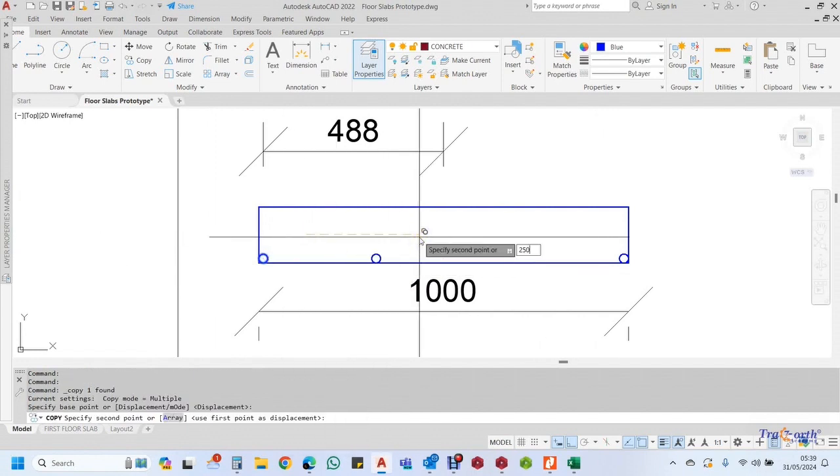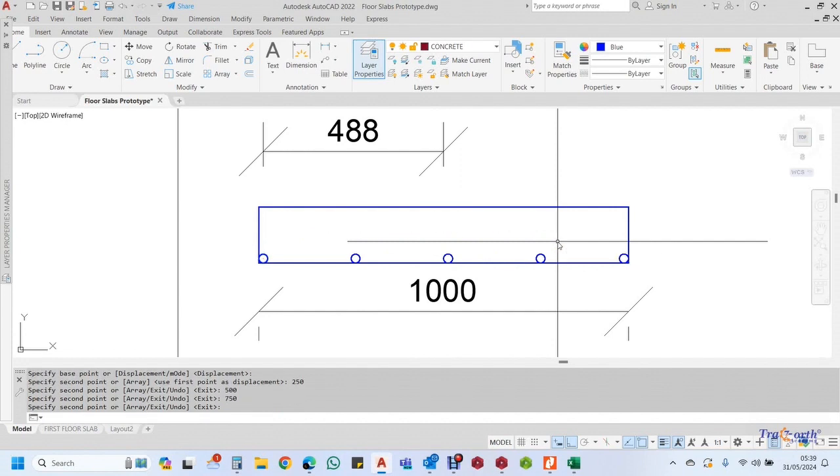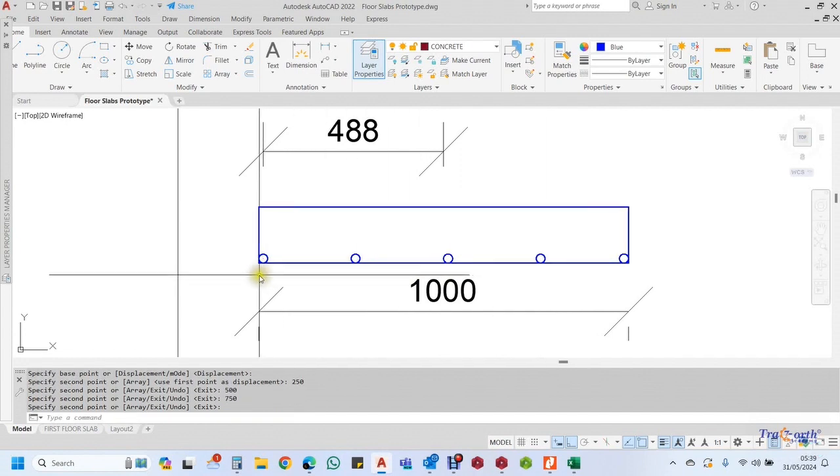So I'll come 250. The next is 500. The next is 750. And then I go back. So with this, what do you now have? Within this unit, you will now have how many bars? 1, 2, 3, 4, 5.